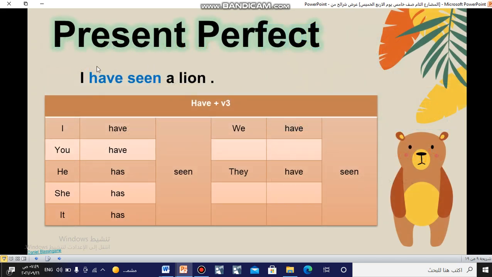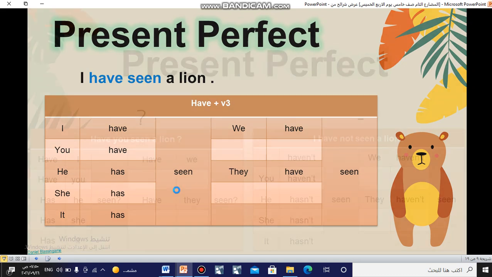How do we form a sentence? It's very easy. You should use have or has and the past participle. I, you, we, they: you should use have. He, she, it: we should use has. Then the past participle. So remember, subject, then have or has, then past participle.